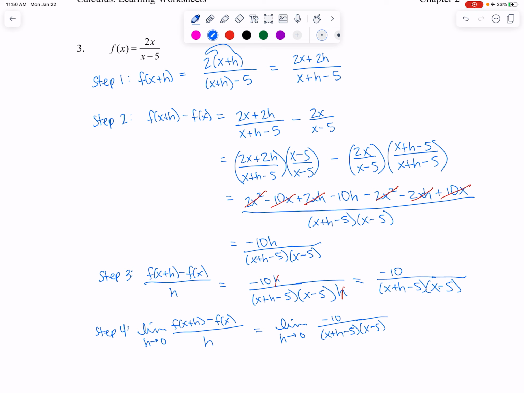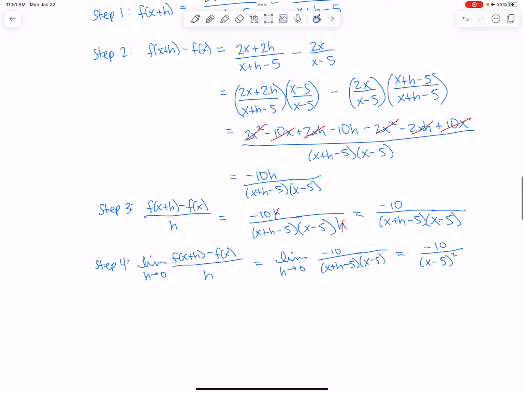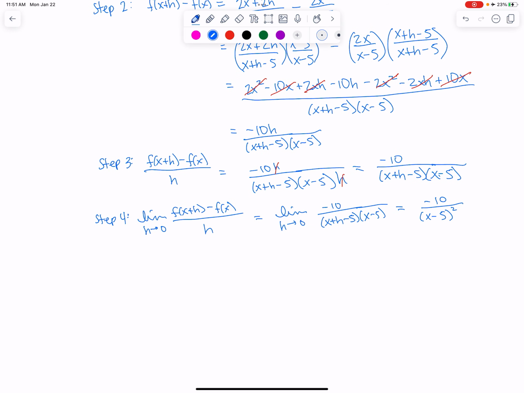And when h goes to 0, we have negative 10 over (x − 5)(x − 5), so (x − 5) squared. So we will write f prime of x equals negative 10 over (x − 5) squared.